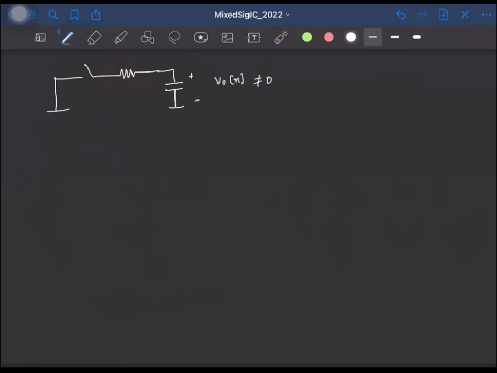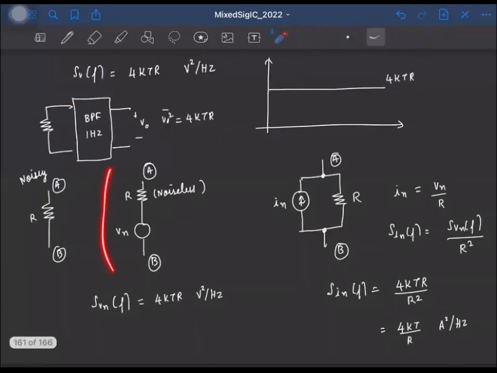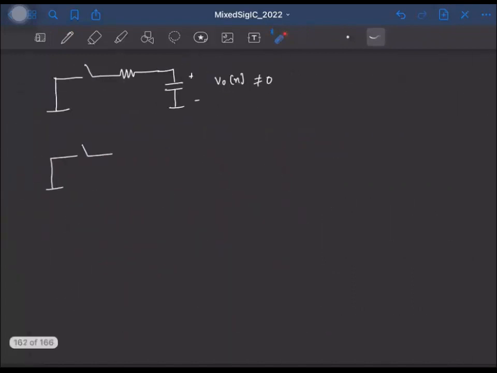What we are interested in is the statistical properties of this sampled noise signal. So how to model this? This noisy resistor, we'll replace it by this model. We can use either of the two, but since we have things in series here, we'll use the voltage source representation.